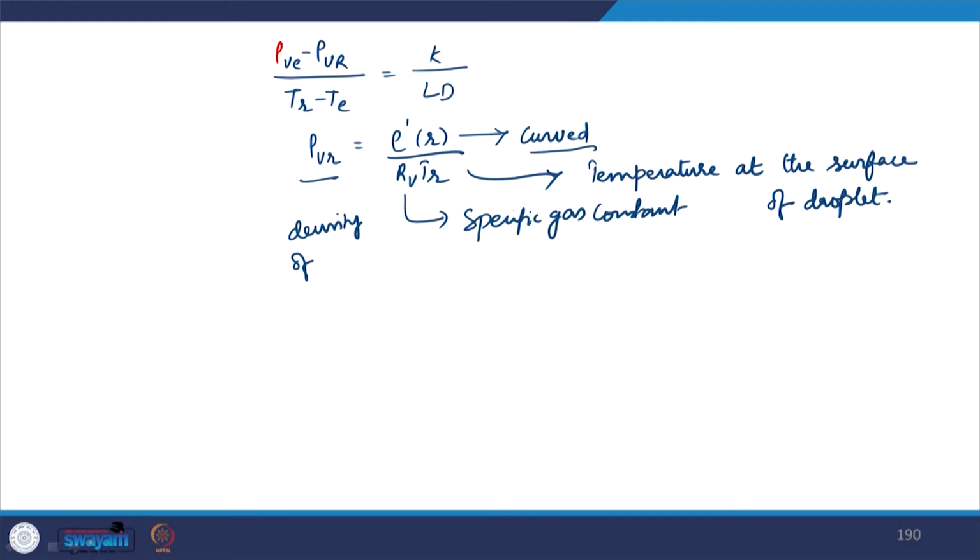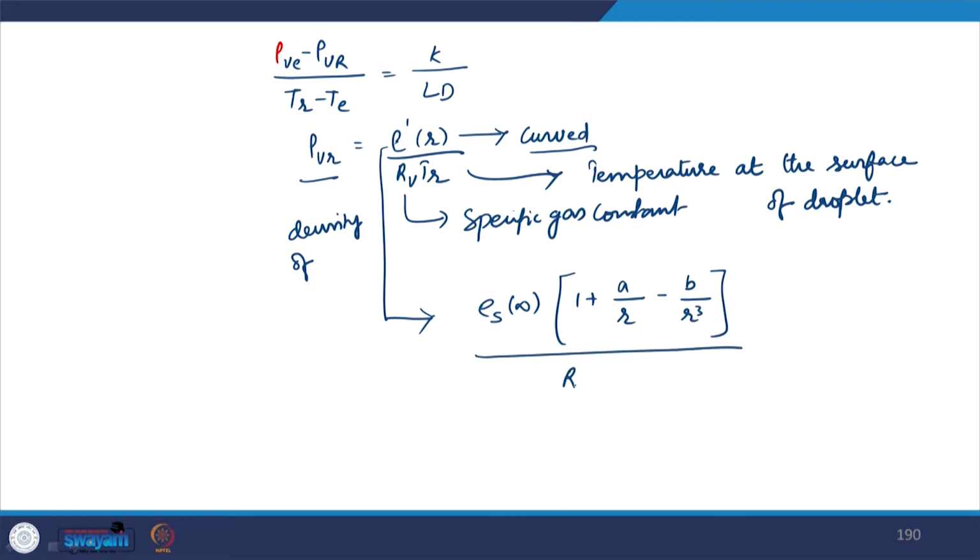Now, if this is with respect to the curvature, we have to use Kohler's relation, or the curvature and the solute effect. So, we can write this expression as E_s of infinity times (1 + A/r − B/r³) divided by R_v T_r, right.